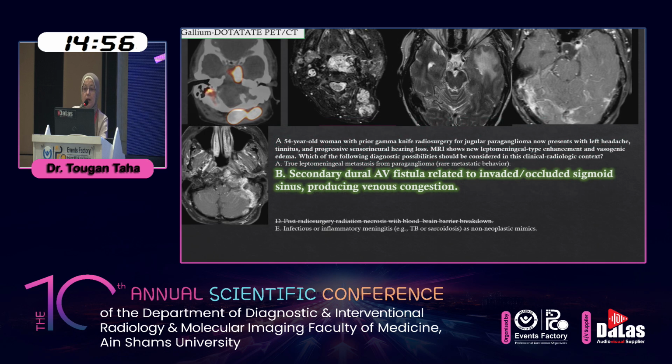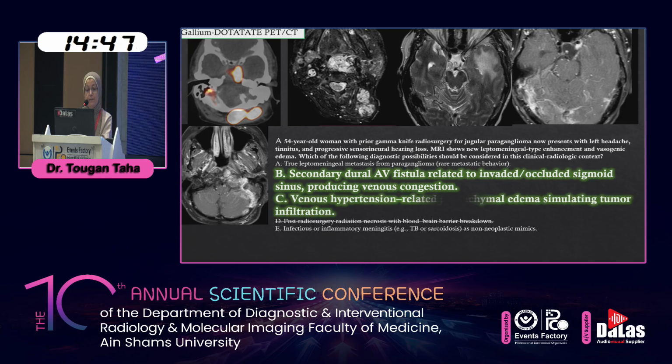So the correct answer is secondary dural AV fistula related to occluded sigmoid sinus producing venous congestion. And this is venous hypertension related parenchymal edema simulating tumor infiltration.